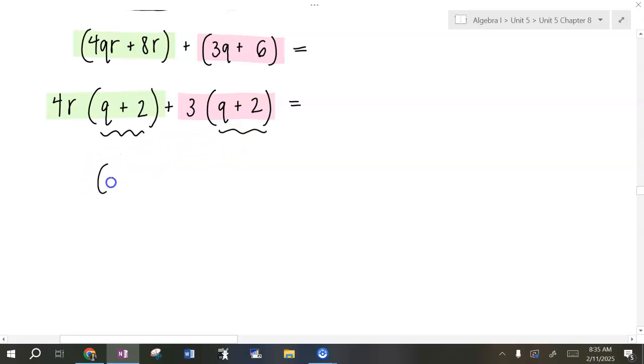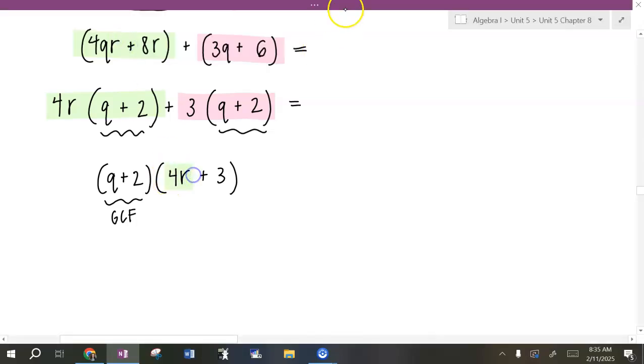So what we're going to do is factor out the Q plus 2, and you'll look at each group. When you factor Q plus 2 out of the first group, it leaves you with 4R. When you factor Q plus 2 out of the second group, it leaves you with a plus 3. So essentially, this was our GCF.